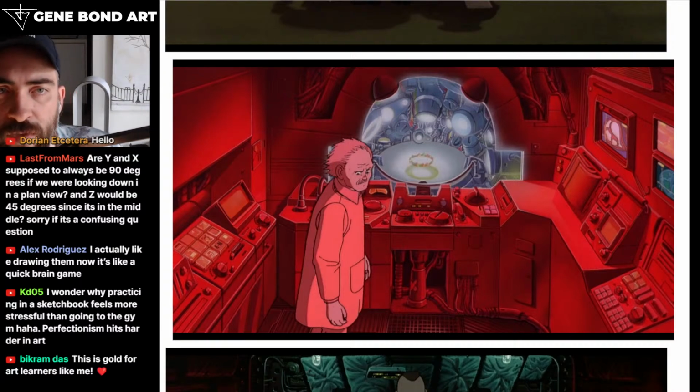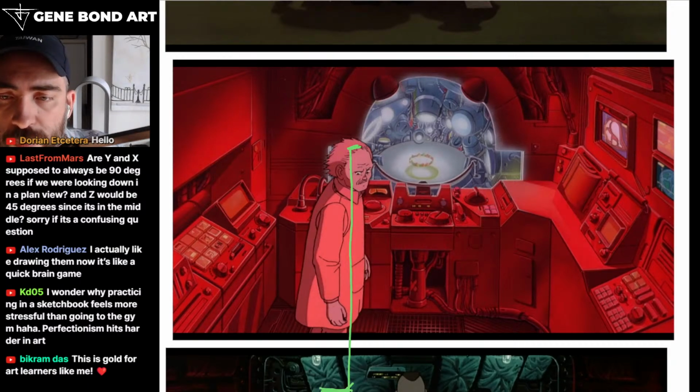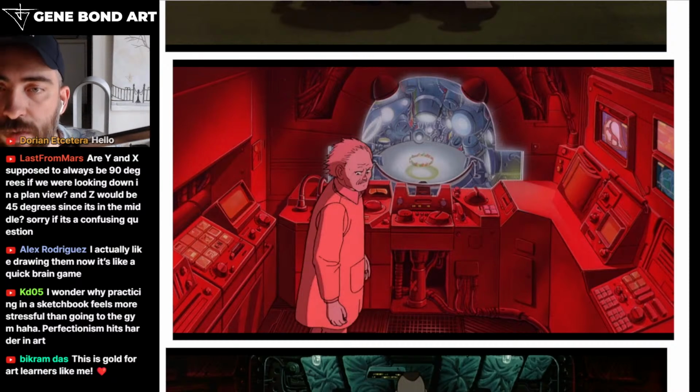So here we have his height, but we don't see him completely, right? So he is probably this height, but we can see about half of him. Also maybe we can see where certain elements are.